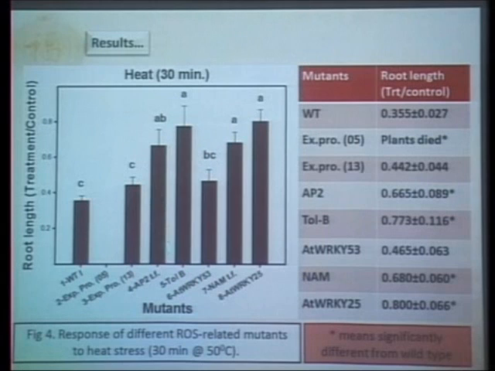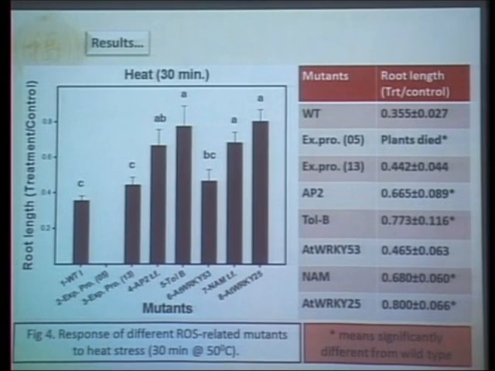Whereas the other mutants of AP2 transcription factor, TOL-B, NAM and ROCK25, these all were protective against heat stress, which means the genes and transcription factors themselves enhance the sensitivity of the plant towards heat stress, because in their absence they are protecting. When they are present, they increase the sensitivity of the plant towards heat stress.